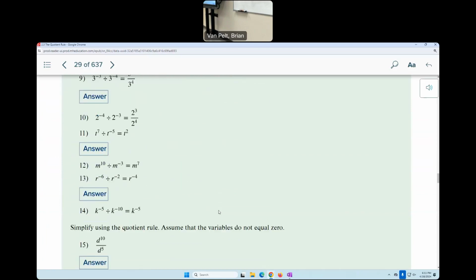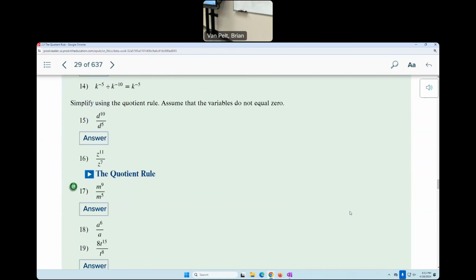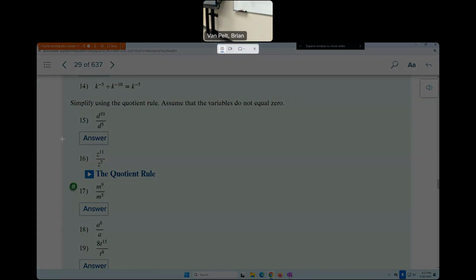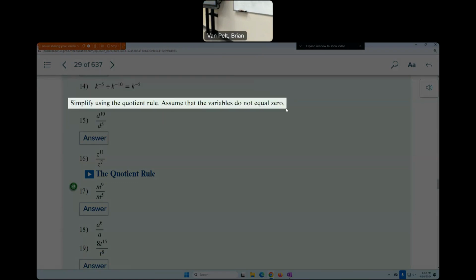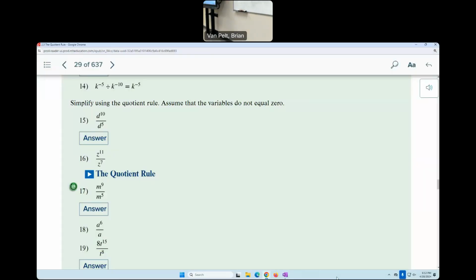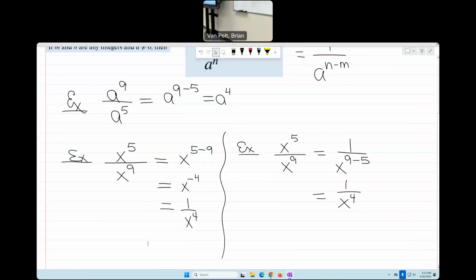I'm just going to do some problems here. Of course, they're making the assumption that none of these letters are equal to 0, so you don't have to worry about dividing by 0 or anything like that.